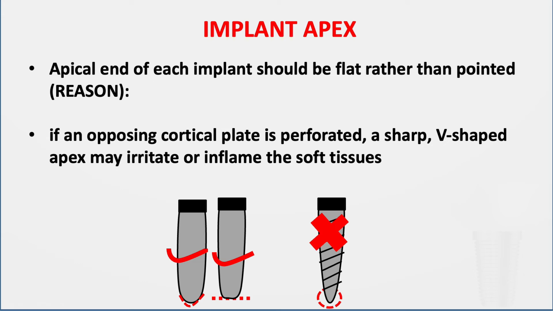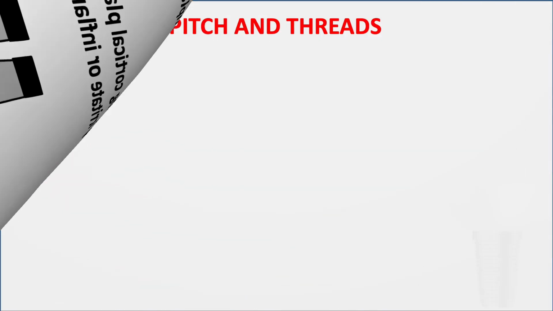Apical end of each implant should be flat or round rather than pointed, because if an opposing cortical plate is perforated, a sharp V-shaped apex may irritate or inflame the soft tissue. That is why apex must be flat or rounded.